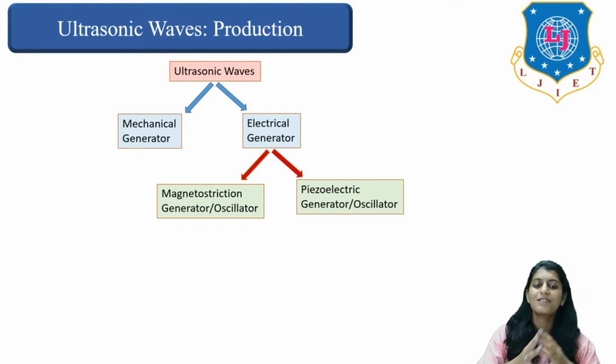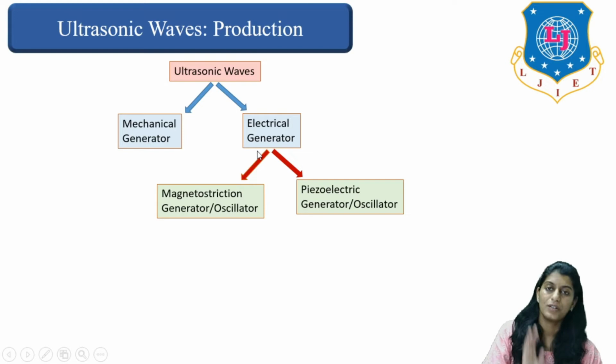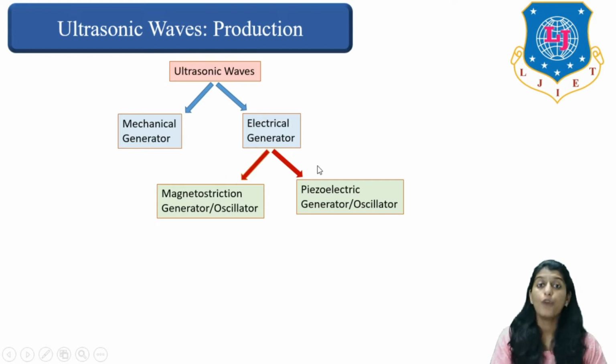So these ultrasonic waves are produced using a mechanical generator or an electrical generator. So when we talk about producing ultrasonic wave, we have two different categories. Either we can produce it mechanically or we can produce it electrically, right? Our focus area is the electrical generator, how we can produce ultrasonic wave using an electrical generator.